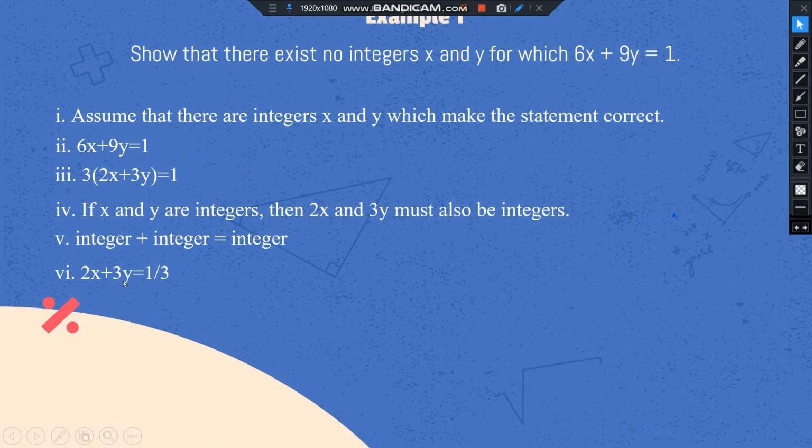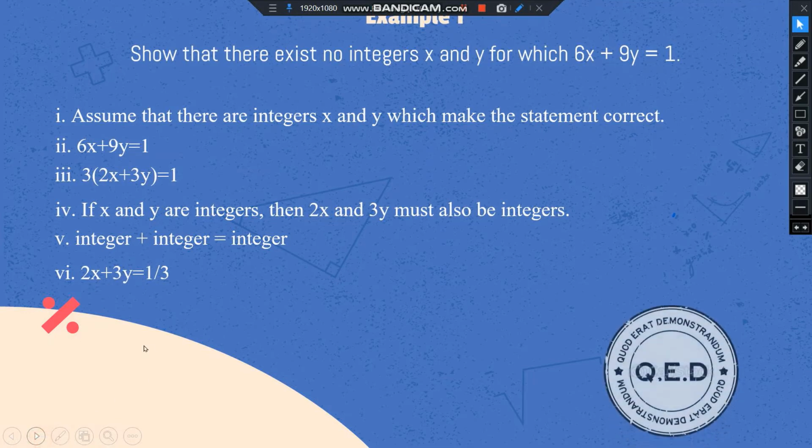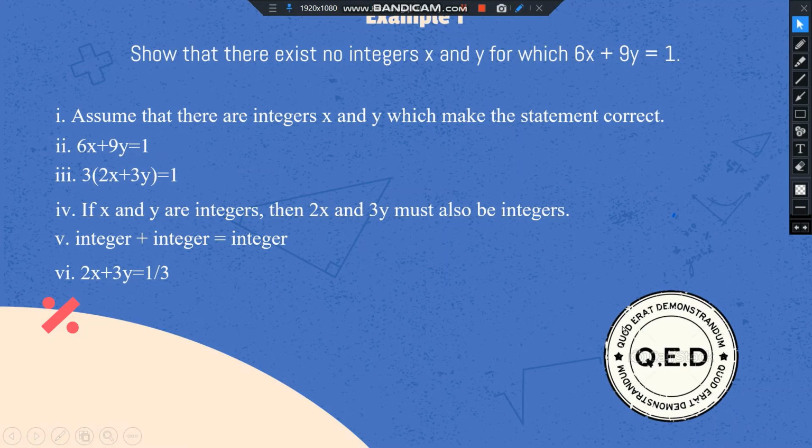But if we move the 3 to the other side, we get 2x plus 3y equals 1 over 3. Here we have an integer plus an integer equals a fraction, and that's a contradiction, and that's why this has been proven and it does not work. Therefore, there are no integers x and y for which 6x plus 9y equals 1.